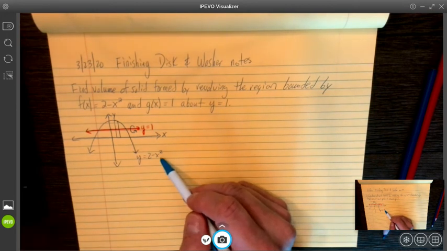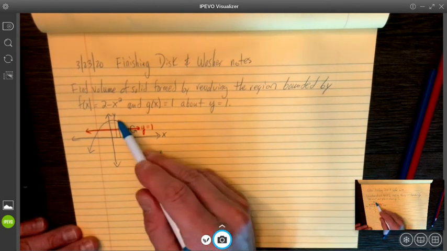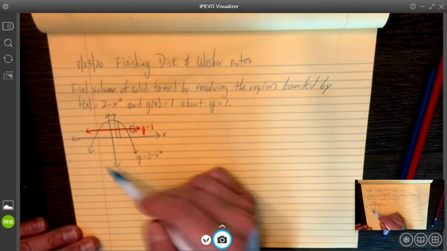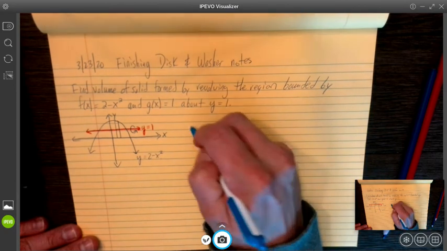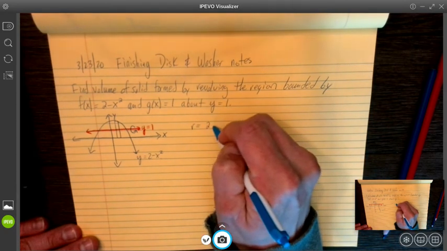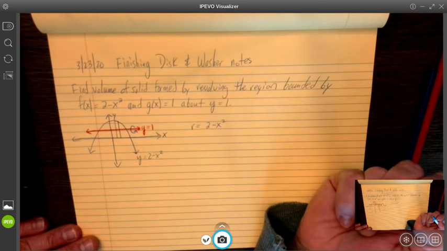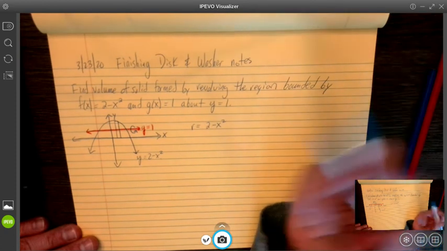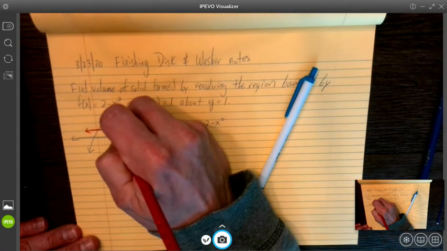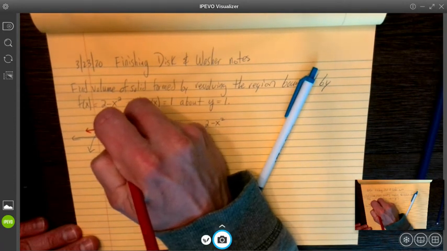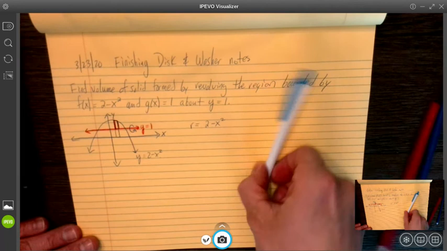If I revolve that around the x-axis, that's going to give us way too much. So we got to think a little bit. I have a potential radius of the function 2 minus x squared. However, this is not going to work because I only want this piece here and here. So let's think about this in terms of vertical line segments.